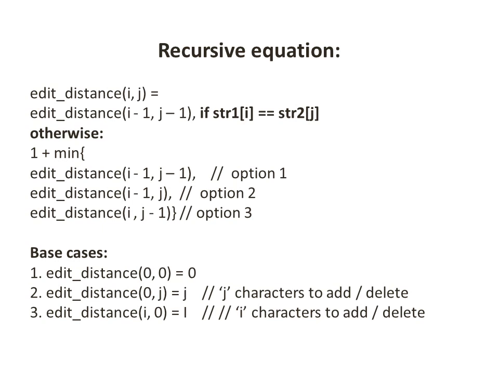The three choices are edit distance of i minus 1 comma j minus 1, which corresponds to the case where we are simply transforming one character to another, and the remaining two are edit distance of i minus 1 comma j and edit distance of i comma j minus 1. So that is our basic recursive equation.